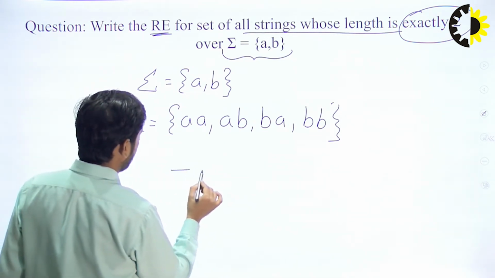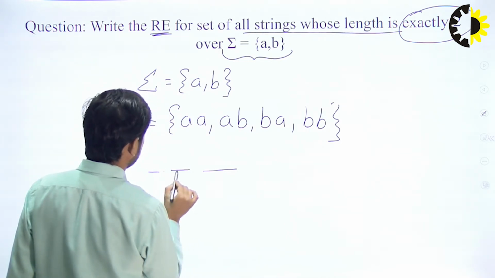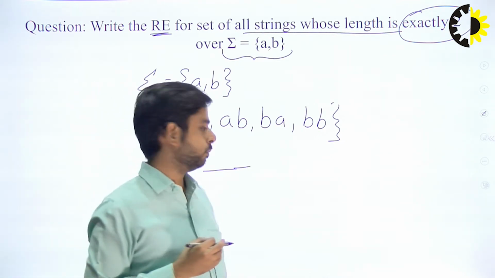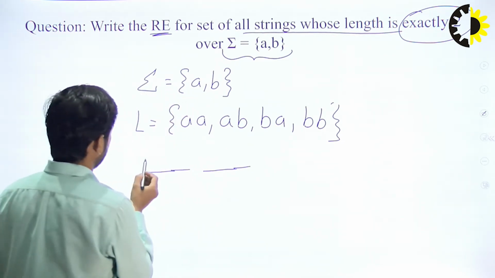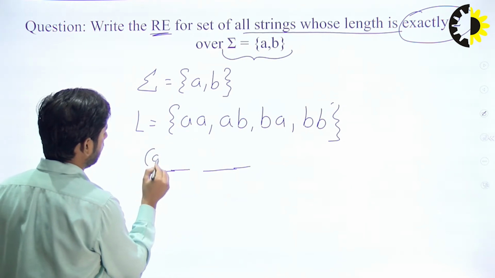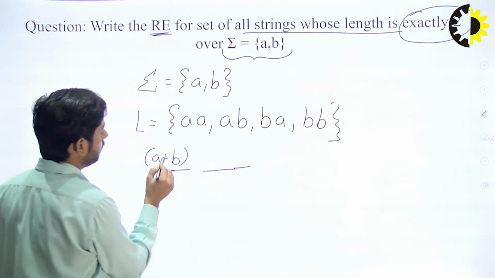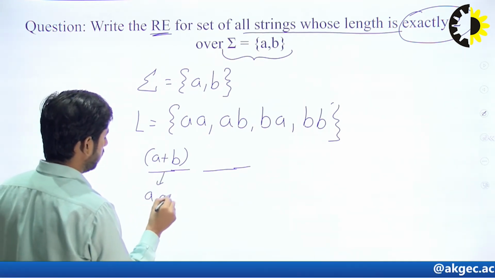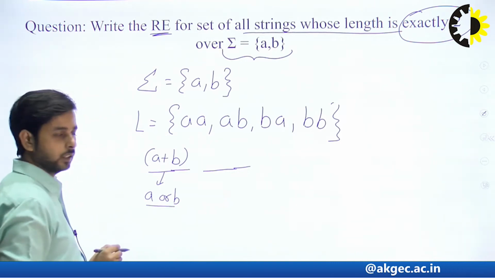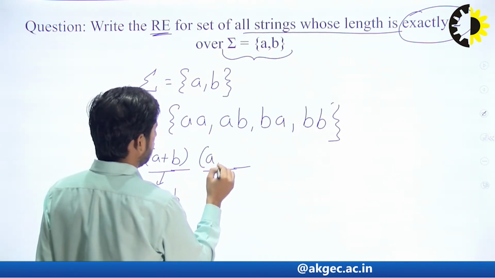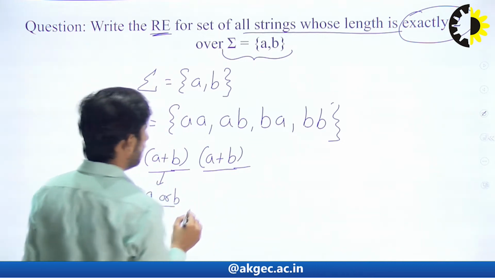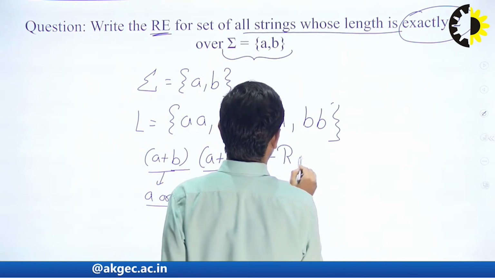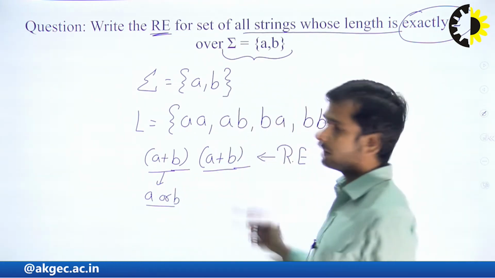So there are maximum two input letters. The first letter contains either A or B, it means A or B. The second can also be either A or B. So this is the regular expression for the given language.